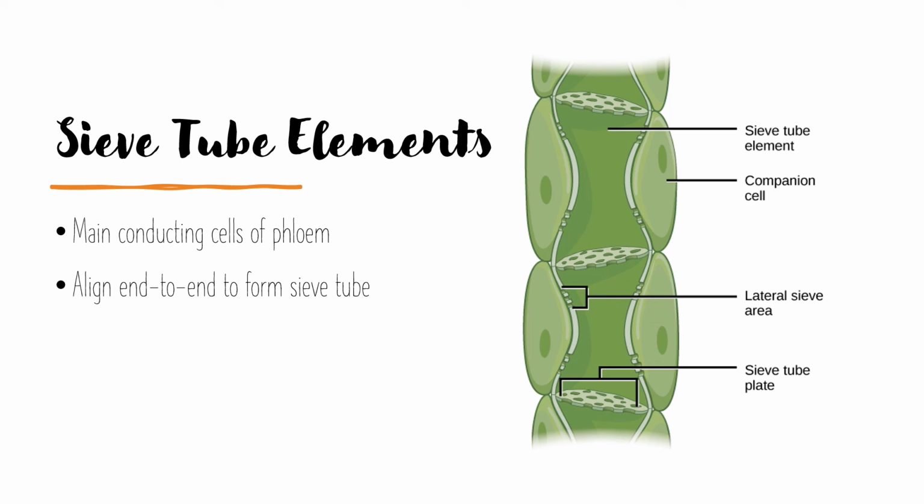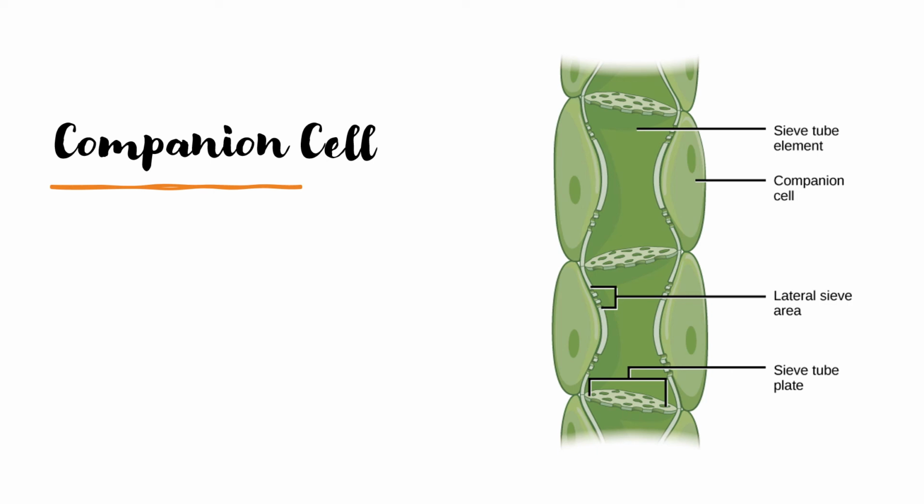The sieve tube elements are alive, but they lack a nucleus and they have little cytoplasm. So this is how the sieve tube element would look. And when they are stacked up together, they form what we call the sieve tube. Now, adjacent to each sieve tube element is what we call the companion cell.